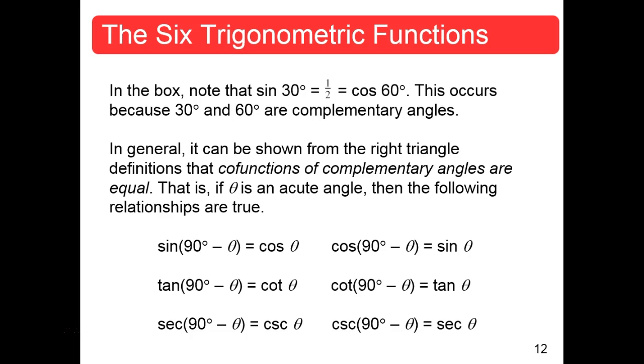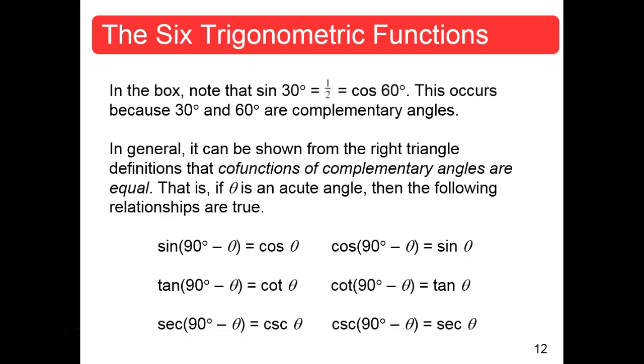And that's what I pointed out to be true for secant and cosecant, tangent and cotangent, they always are. In general, it can be shown from the right triangle definitions that cofunctions, that's sine and cosine, tangent and cotangent, secant and cosecant, of complementary angles are equal.